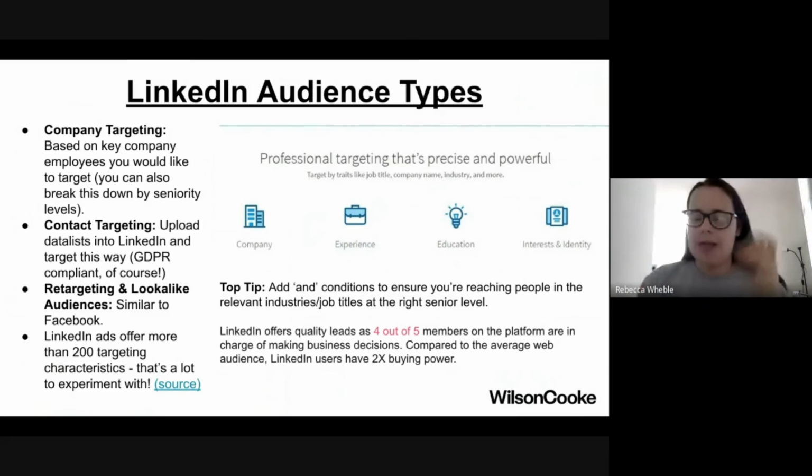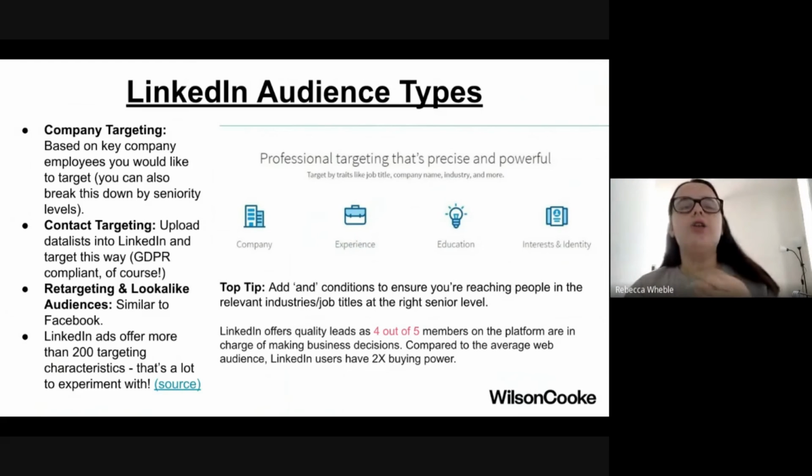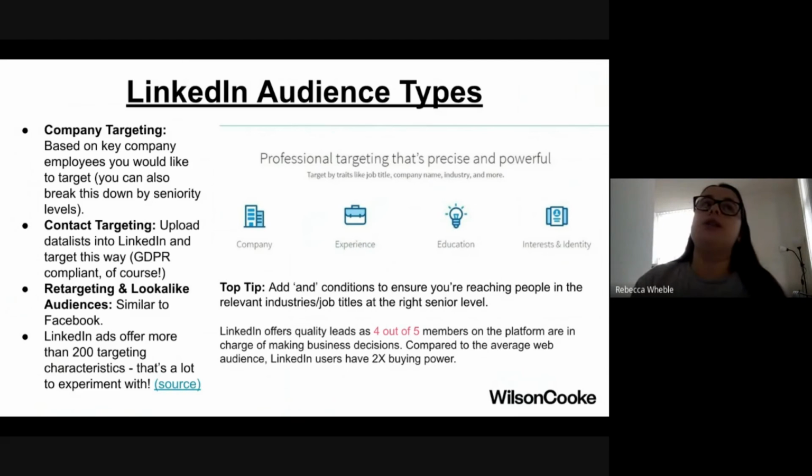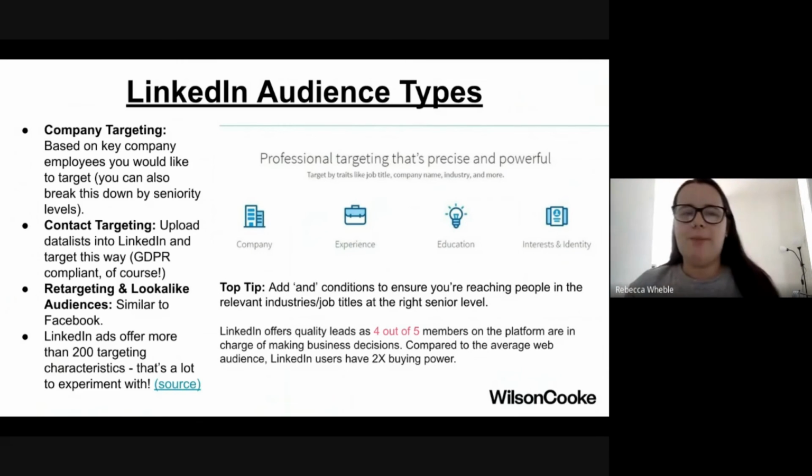So one of my top tips would be to add AND conditions to ensure that you're reaching people in relevant industries and job titles at the right senior level. That goes back to what I was saying about company targeting. Let's say we wanted to reach people in manufacturing or manufacturing and engineering, but you wanted to reach those decision makers.